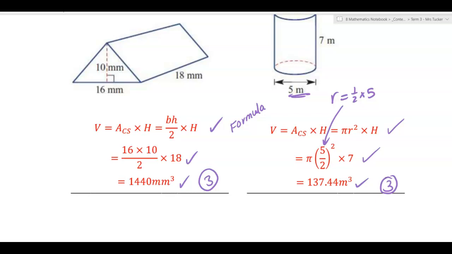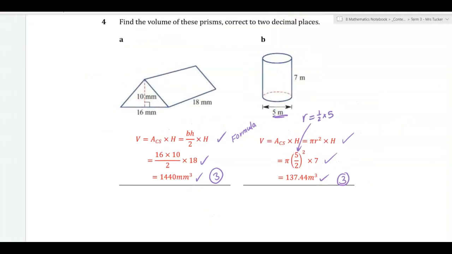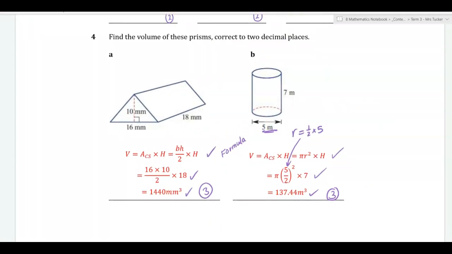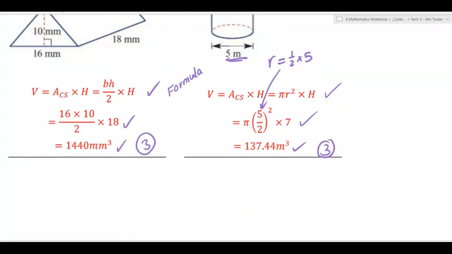All right, any questions on that page? It's actually 137.45 because it rounded, I think. I will check. 5 on 2 squared times 7 times pi is, when I put that in my calculator, Xavier, I get 137.4446.